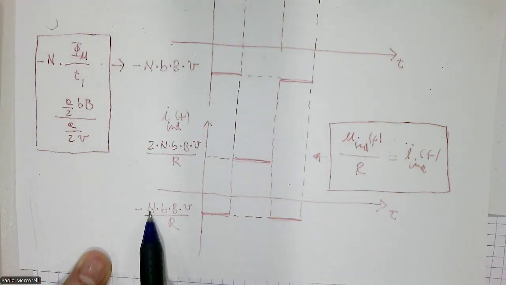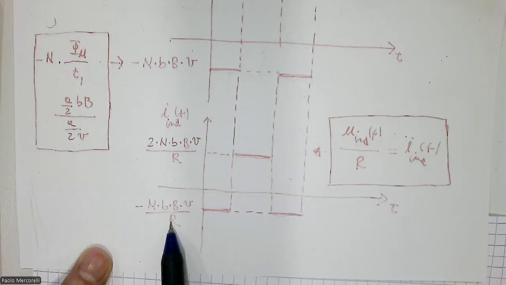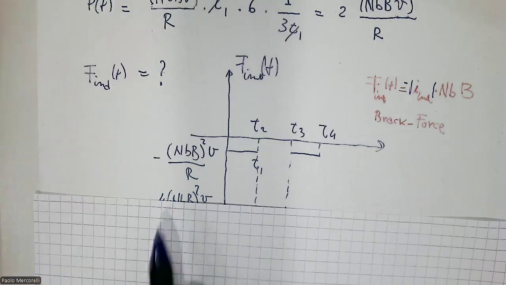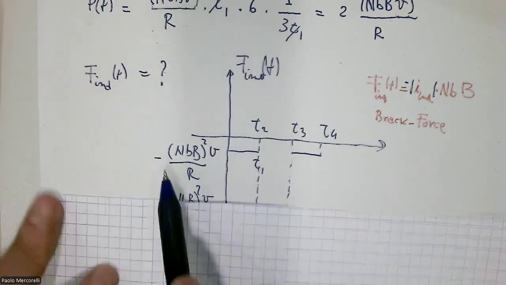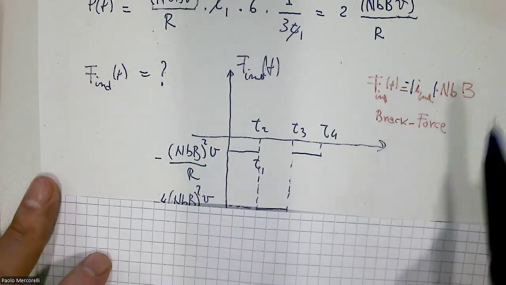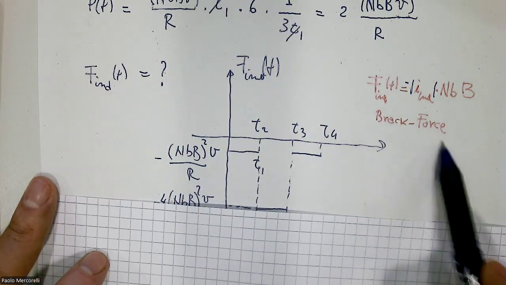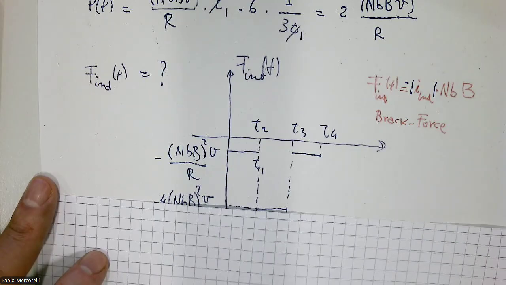Yeah, found it. In this part, as I told you, we have n b not capitalized, b capitalized, v divided by r. Then I have to multiply by n b not capitalized, multiplied by b capitalized. Therefore, we have this square. I write this form of a brake force, which means it's in any case negative.